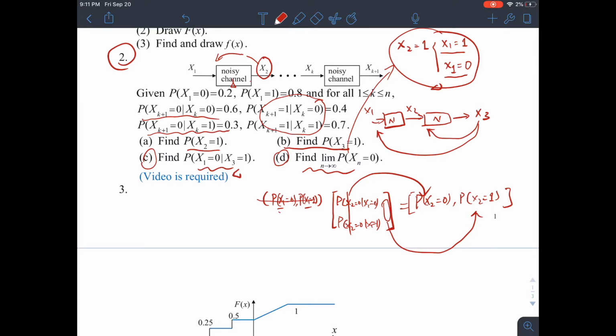And for the last one, we can get 0.2, 0.8, then the matrix here is 0.6, 0.3, 0.4, 0.7.